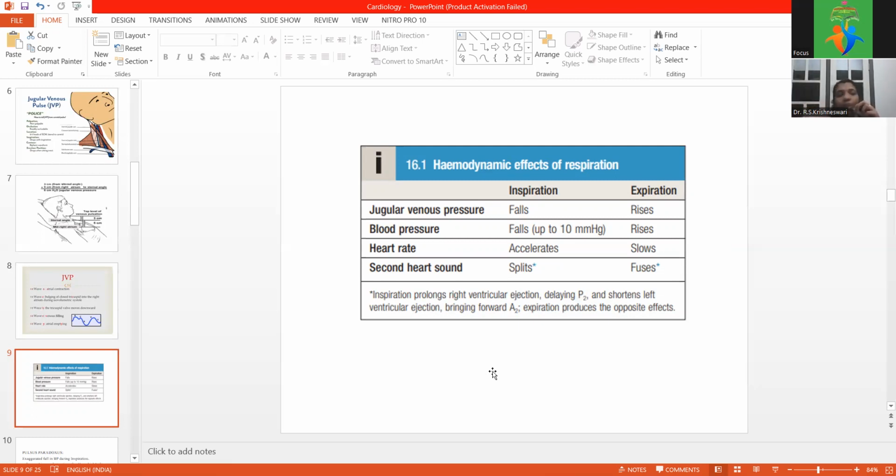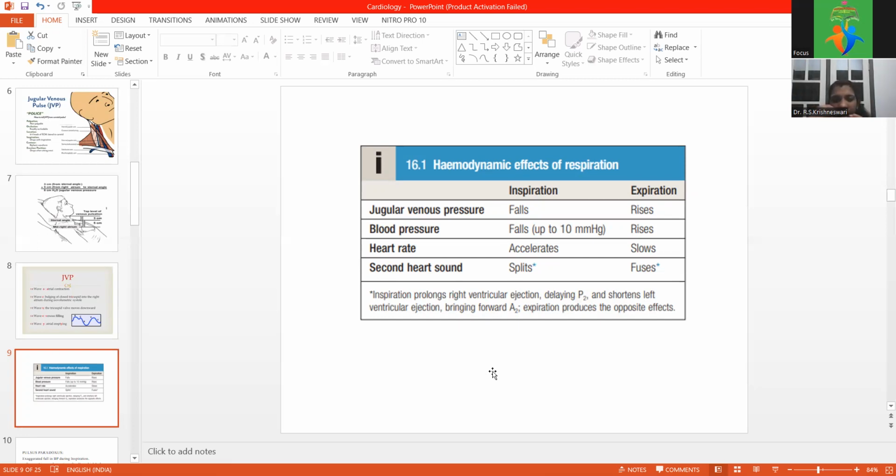Diaphragm moves downwards and the ribs expand. So there will be more space inside the thorax, that is, for the lungs. So the pressure in the thorax is less than that of the surrounding. Okay, so in inspiration, the jugular venous pulse falls. Jugular venous pulse falls because the what?